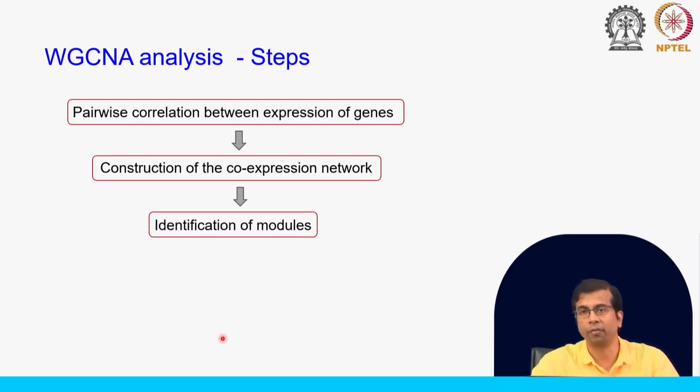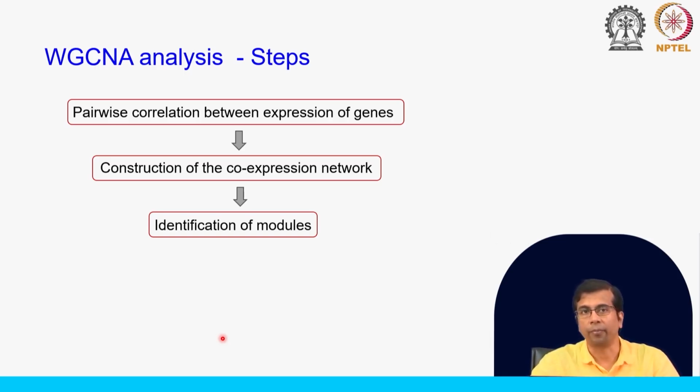It is not a fixed threshold, but a threshold that we can determine from the network that we have constructed, this co-expression network. The idea is that we want to approach a scale free network, and we have to pick the soft threshold value in such a way that we get a scale free network. We will see this in much more detail as we go towards the hands-on.